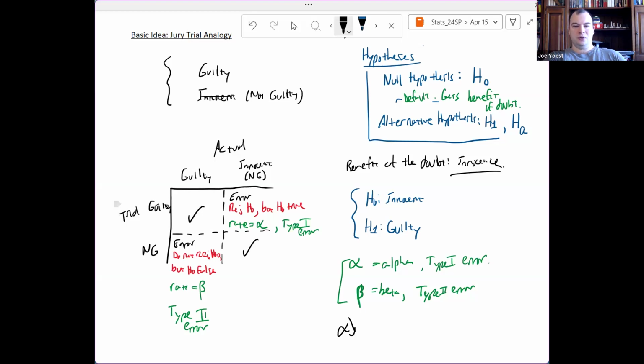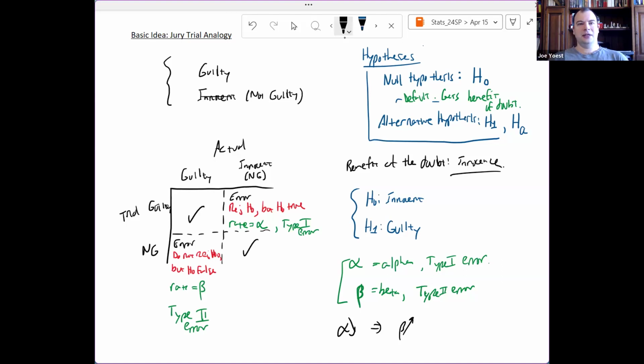We say that it's really bad to declare a truly innocent person guilty. So we push the type 1 error rate down. And we understand that that trade-off means that we have a high type 2 error rate, that we more often let guilty people go free. We would rather let more guilty people go free than convict more innocent people.